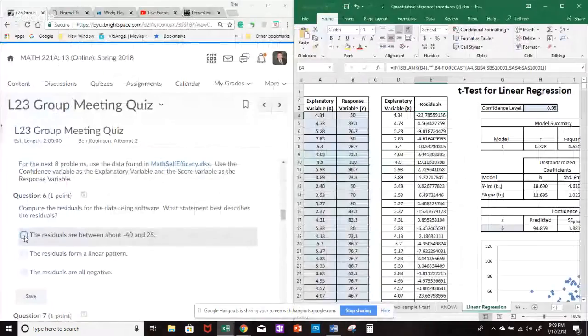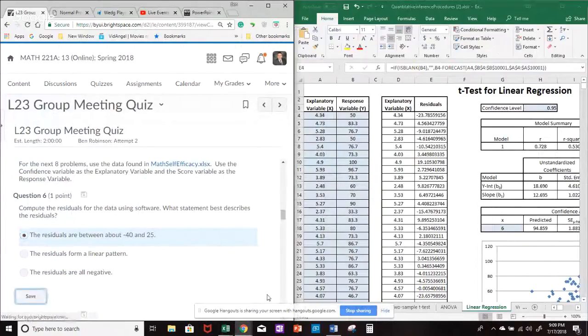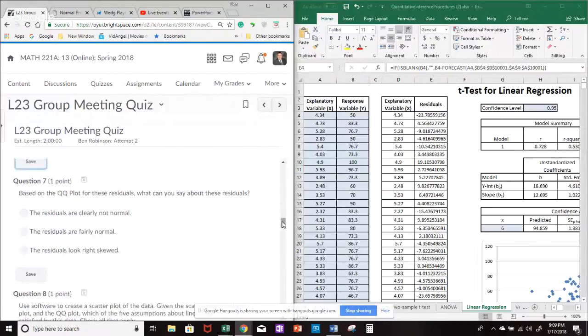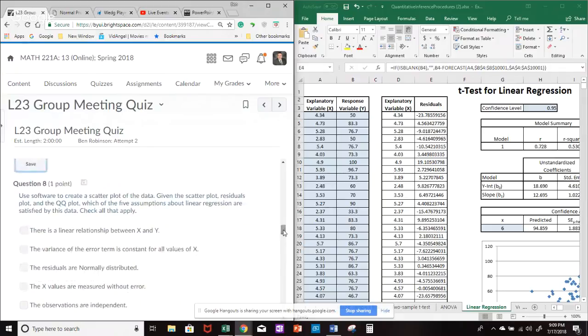So they are all between minus 40 and 25. So in the next one, since we already saw the QQ plot, the residuals is number 2, which is fairly normal. I agree.